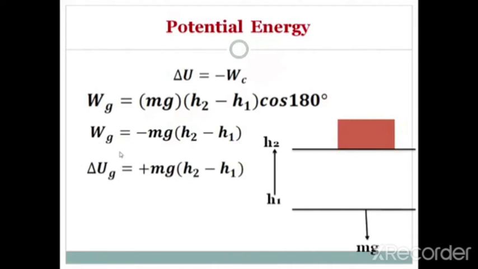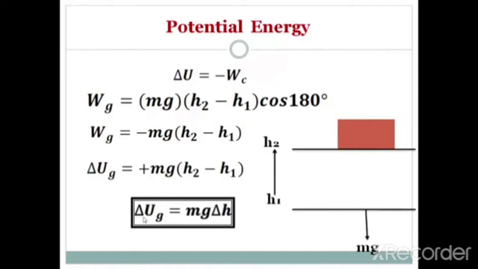Therefore, the change in potential energy will be the negative of negative, that will be plus mg(h2 minus h1), or the change in potential energy is mg delta h, which means that the work done by the conservative force is stored in the form of gravitational potential energy.